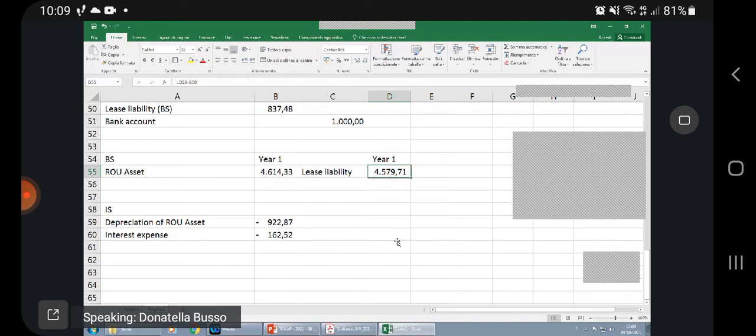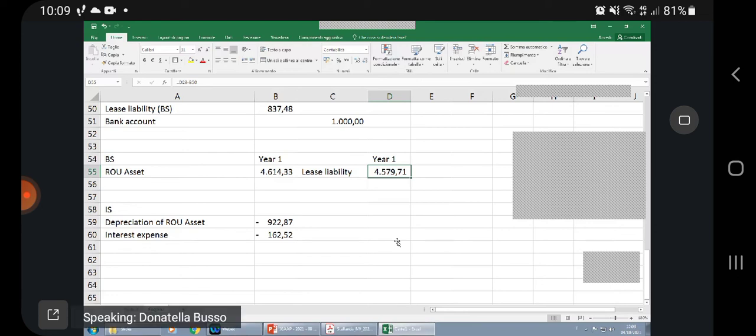Bank account, so cash, bank account. If you want, you can show it. In the case of the lease liability, I forgot it. But in the case of cash, for me, it's not necessary, because the bank account of cash is affected by a lot of movements.